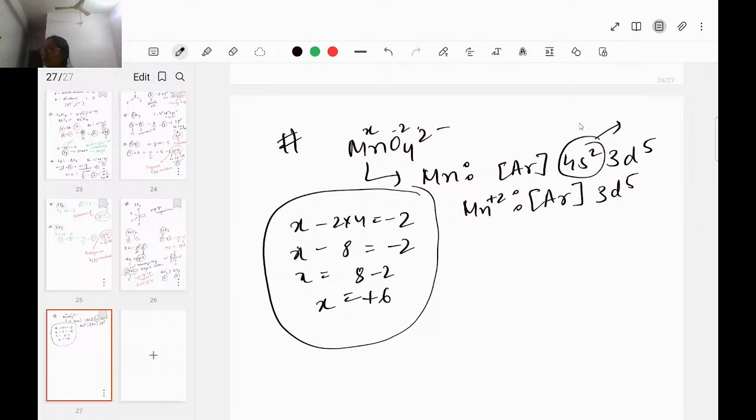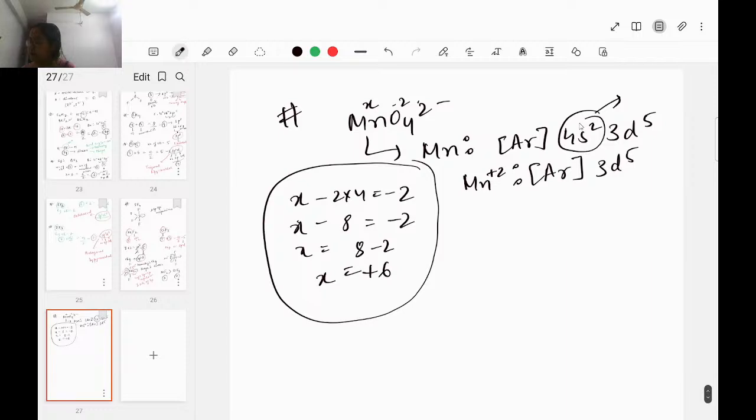You just need to know that whenever an electron escapes from any atom of the transition metals, it always escapes from the 4s orbital first. Okay, so that is the main thing over here.